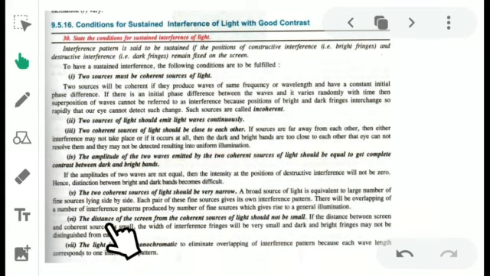The distance of the screen from the coherent sources should not be small. The light is to be monochromatic. If the light is monochromatic, you will get good contrast between bright and dark bands. If it is polychromatic light, if you use white light, you will get all the color fringes there, so the fringes will not be clear.